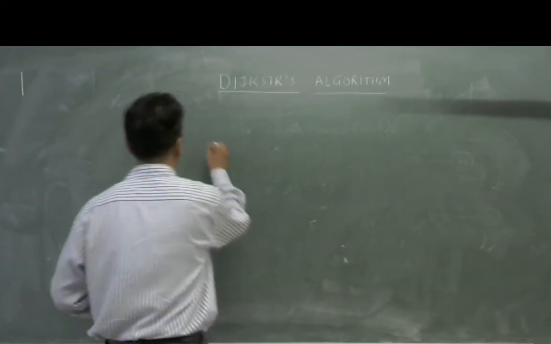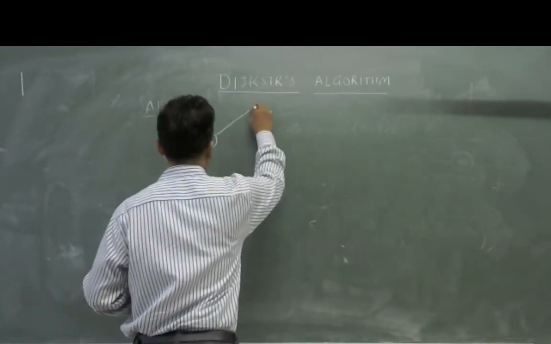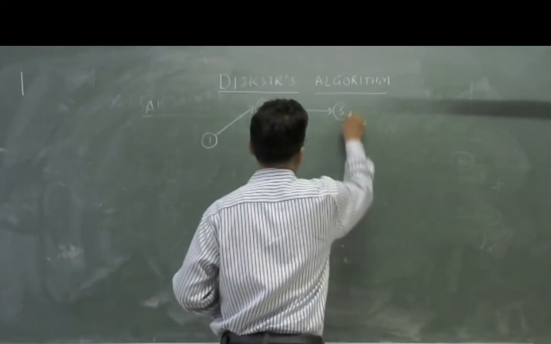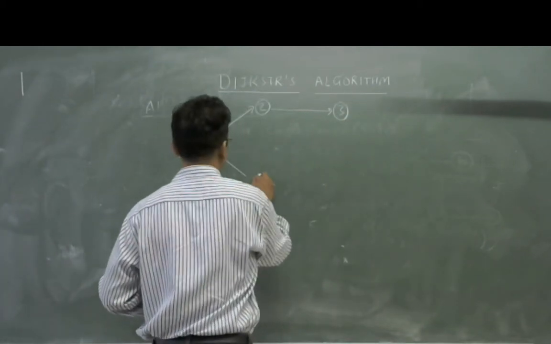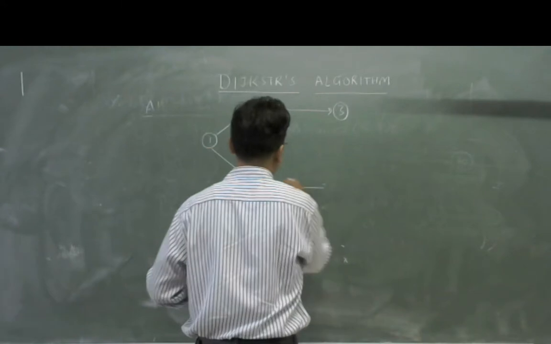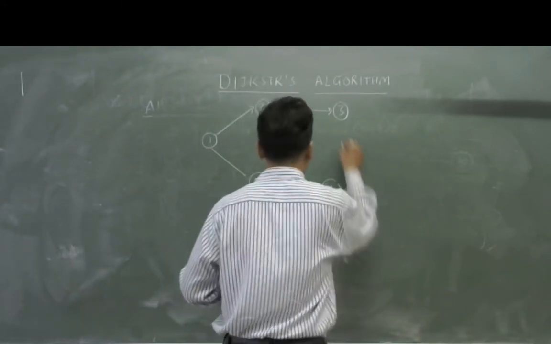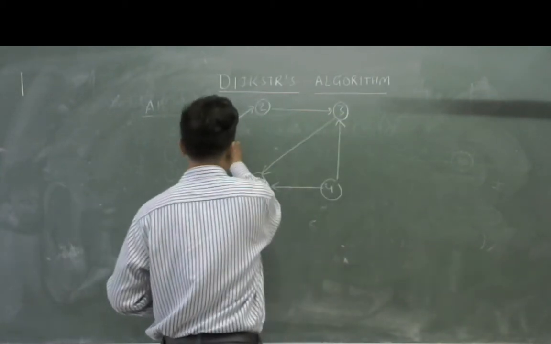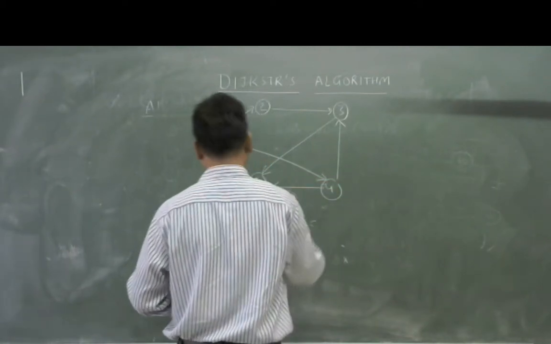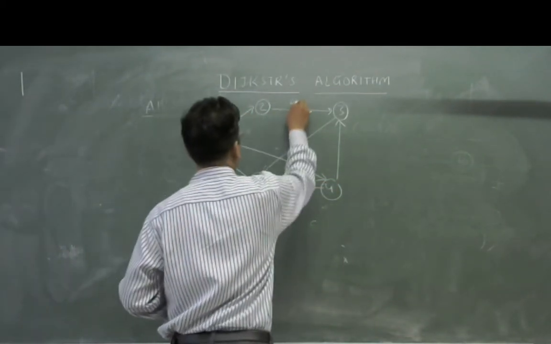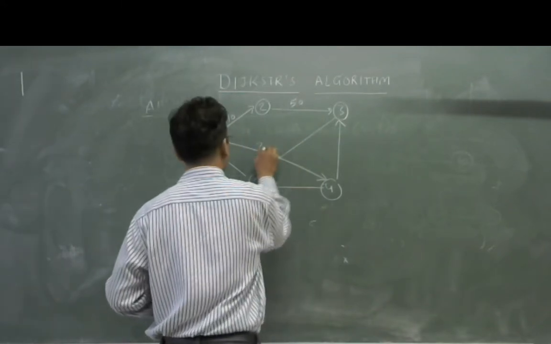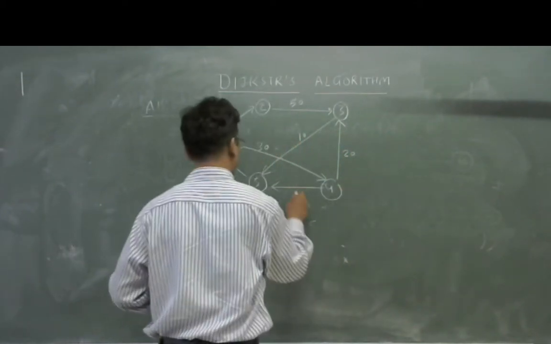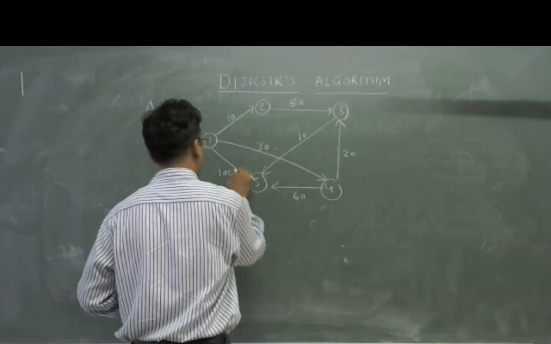Here is the graph. The edge weights are 10, 40, 10, 20, 60, 100.